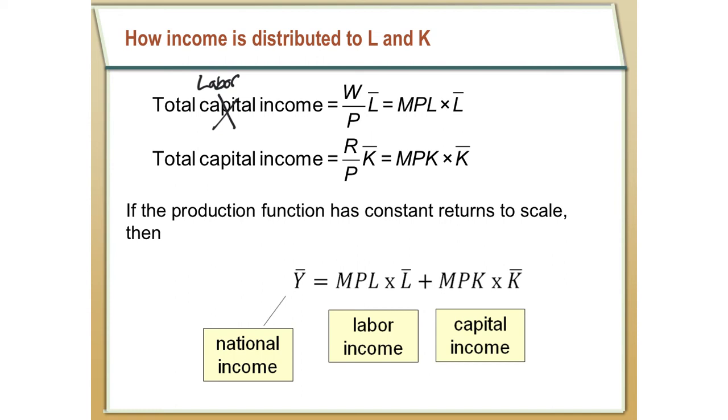So all of the income in the economy either goes to the workers or to the capital owners. Even though this expression means that there is zero profit, remember we're talking about zero economic profit, which still means there could be an accounting profit. Zero economic profit means that you're not making any profit above and beyond the opportunity cost of the resources employed.